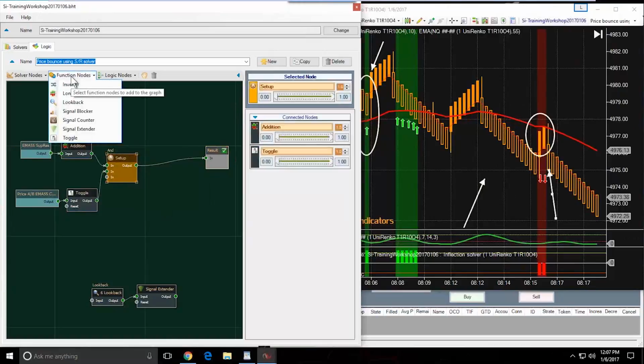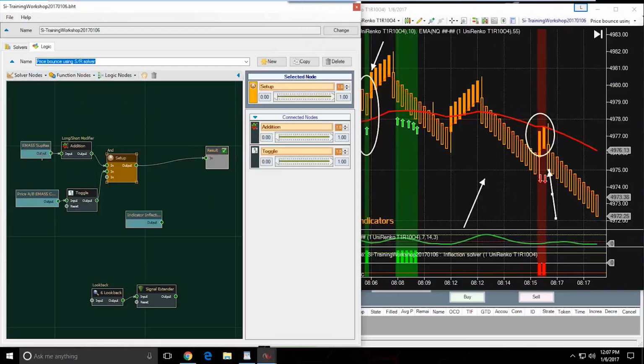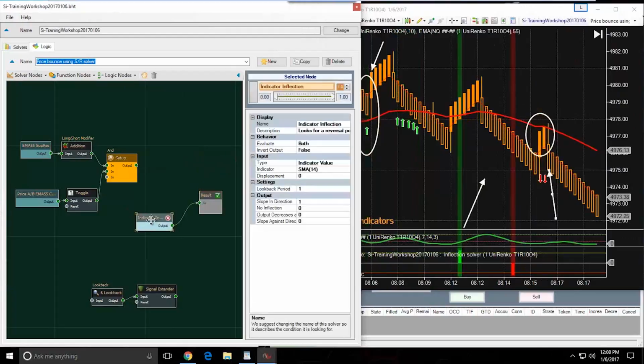So the next step is we want to look for price to reverse direction. Let's take a look at this. So we're going to look for price to inflect, or we're looking for price to reverse.